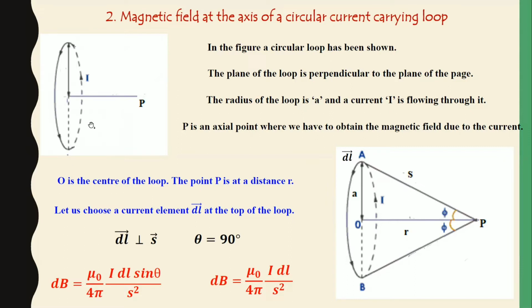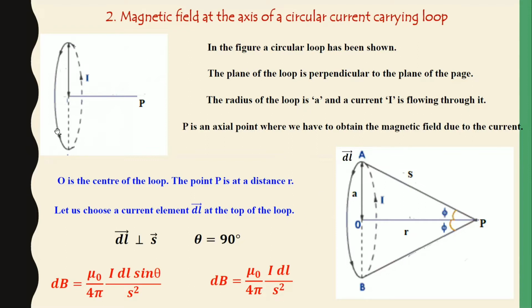So now let us see. Here O is the center of the loop, and the point P is at a distance R. The axial distance is R from the point O. Now, this is the circular current carrying loop. Let us choose a small current element dl near the point A at the top of the loop.